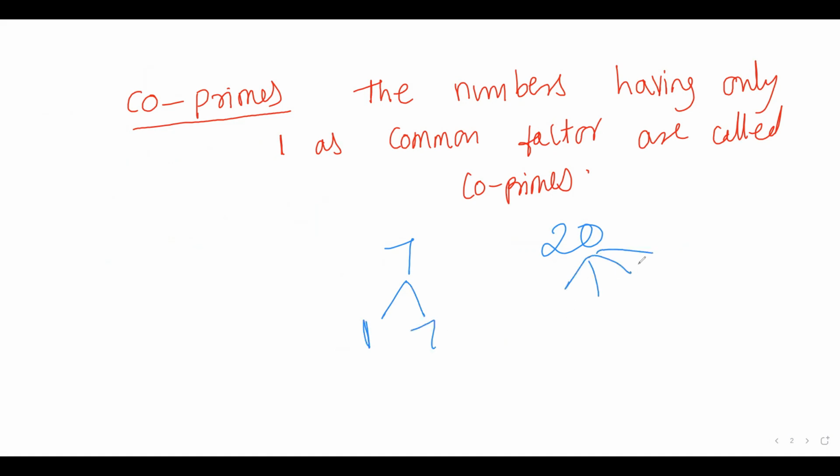The factors of 20: 1, 2, 4, 5, 10, 20. All these are factors. 1 20s are 20, 2 10s are 20, 4 5s are 20, 5 4s are 20, 10 2s are 20. All are factors of 20. And what is the common factor? 1 is the common factor.